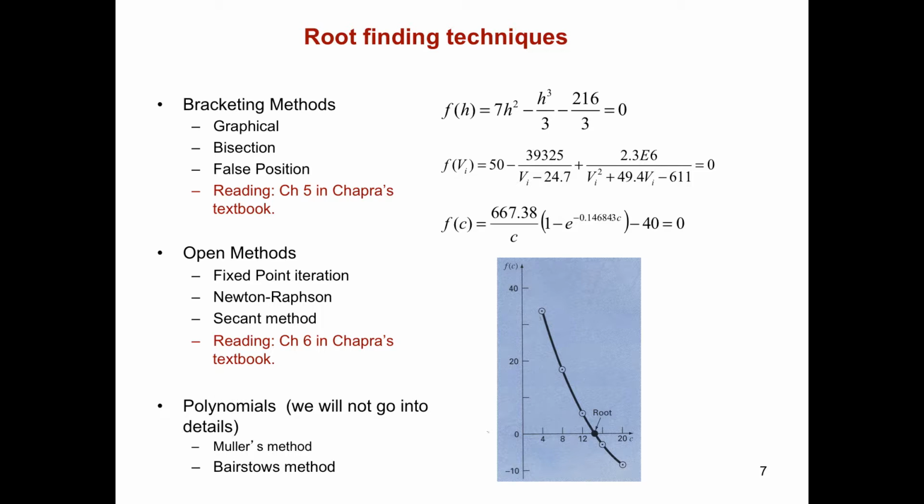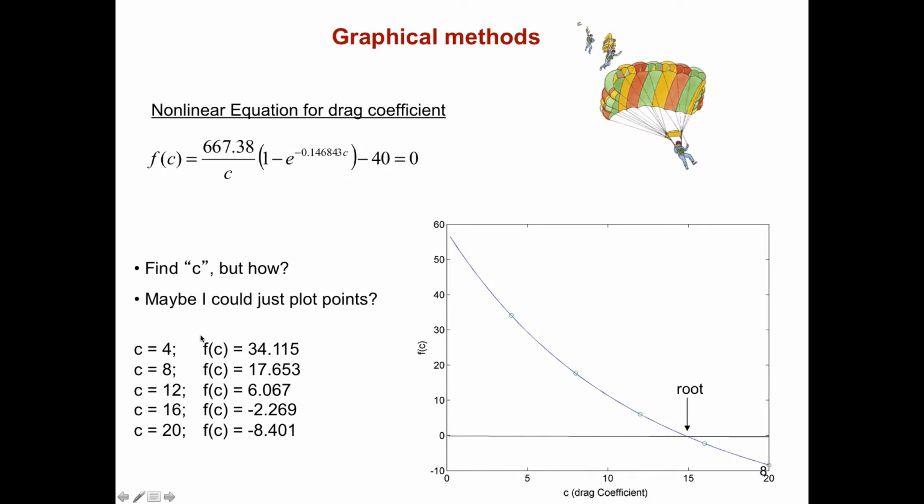There are always new methods coming up in any problem, partially because no method works perfectly for all of the cases. So for the basics you need to learn a number of methods and then expect that as you go through you will improve on them and learn on your own some different methods. Okay? So again, we will focus on bracketing and open methods.